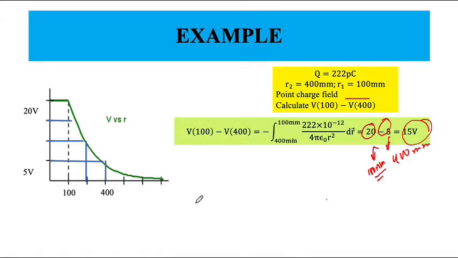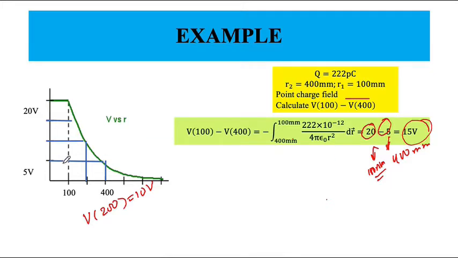So 400 we already know is 5, 100 we know it is 20, and if you find out the potential at 200 millimeter from the origin, you are going to find that it will be 10 volts. For 200, V200 is 10 volts.